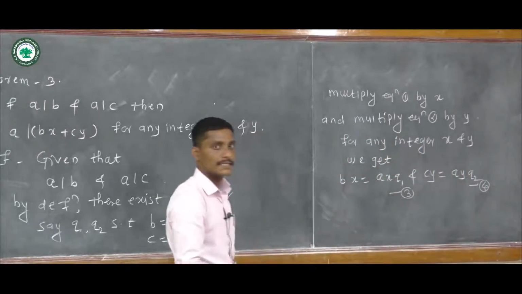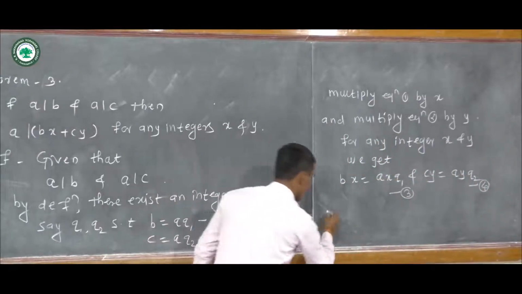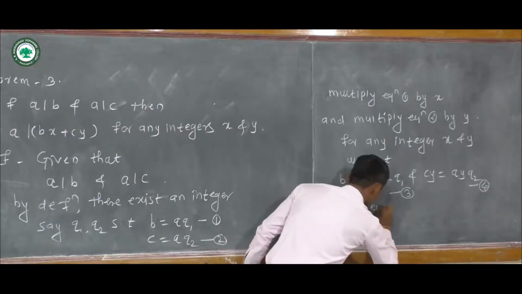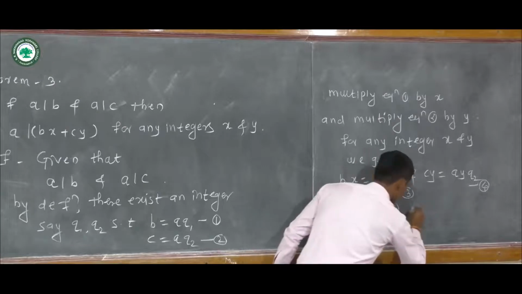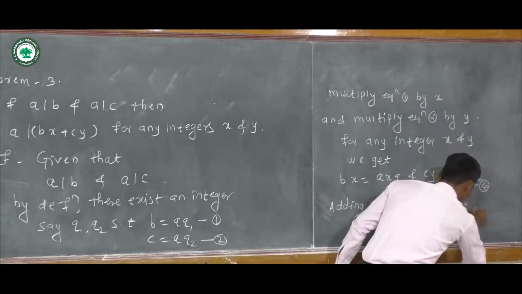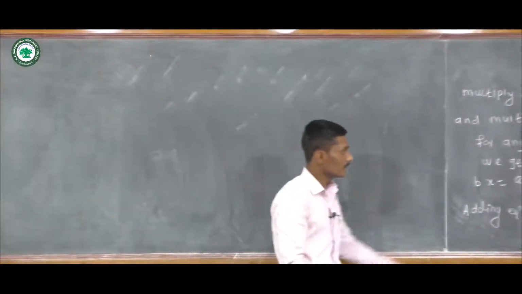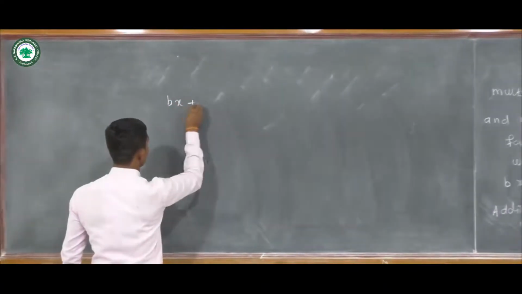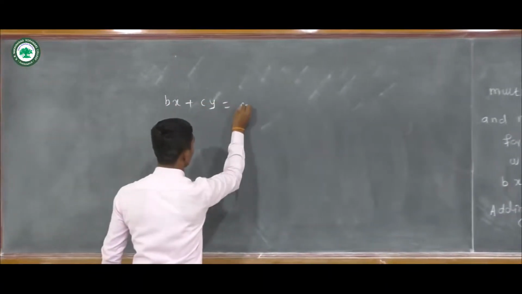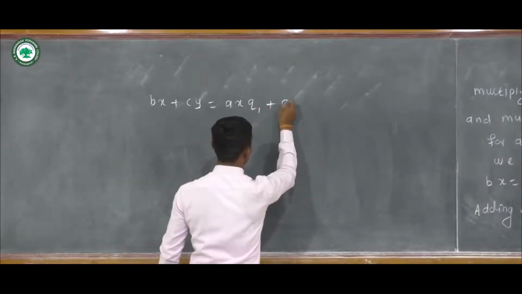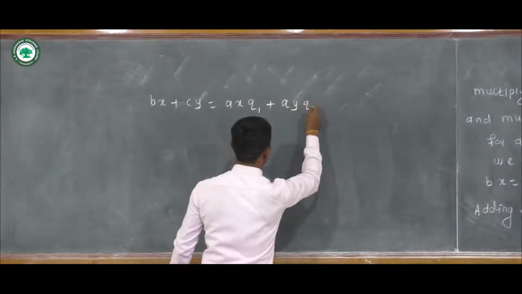Now adding these two equations, equation 3 and equation 4, we get bx plus cy is equal to a into x into q1 plus a into y into q2.